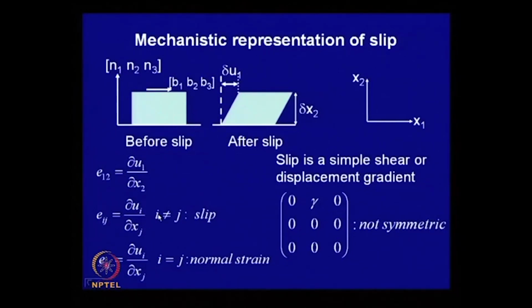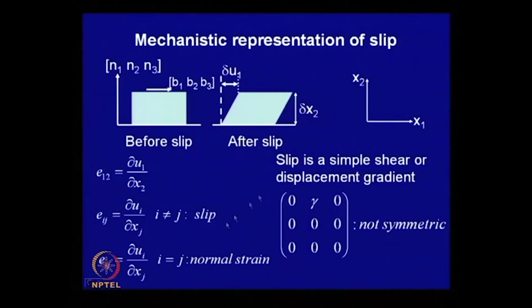Now, if i is not equal to j, like over here, if it is E13 or E23 or E12, they all represent shear deformation. But when i equals j, that means E11 or E22, they represent normal strain, tensile or compressive.